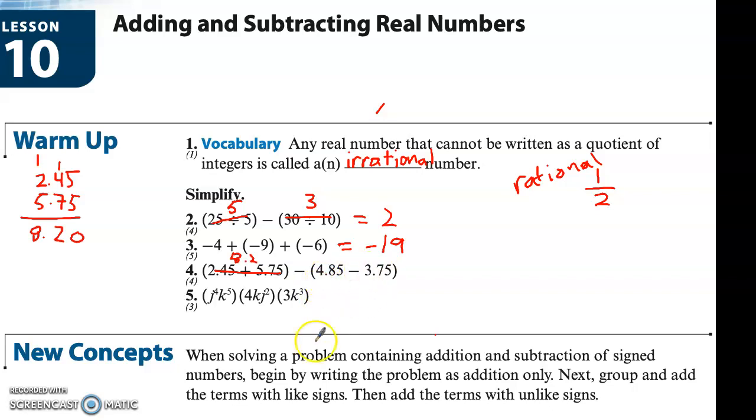And then I have 4.85 minus 3.75, which is a positive number, 1.1. So then I have 8.2 minus 1.1.